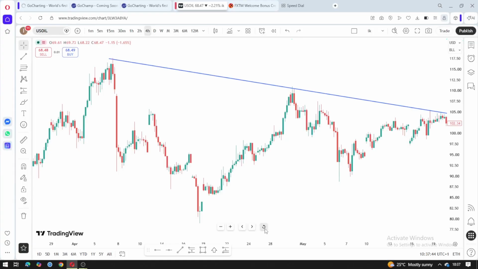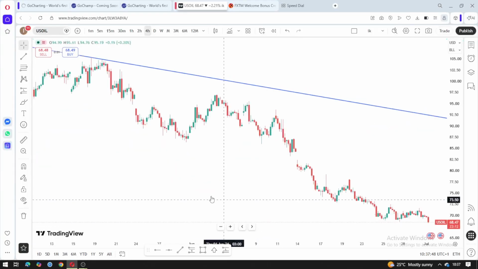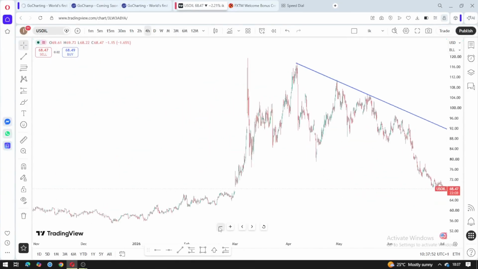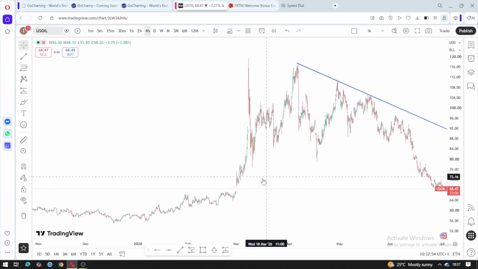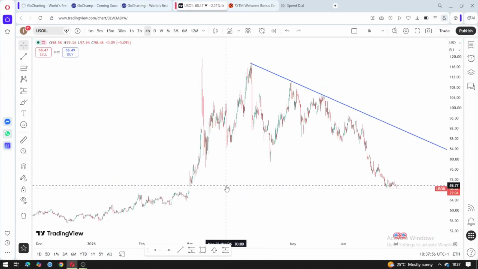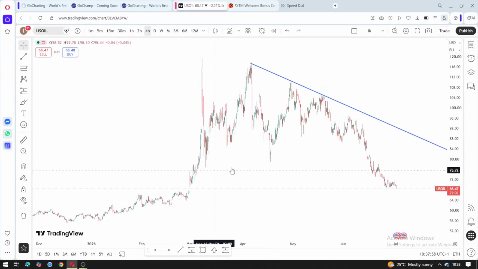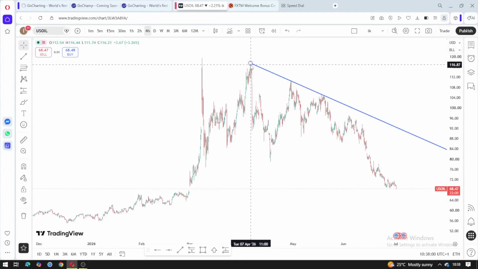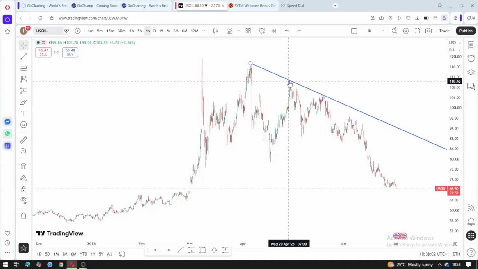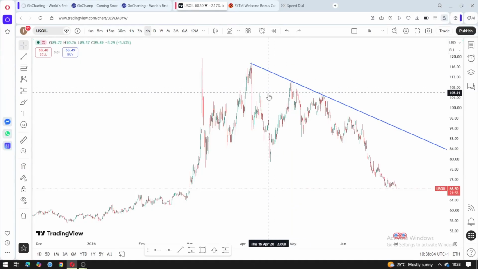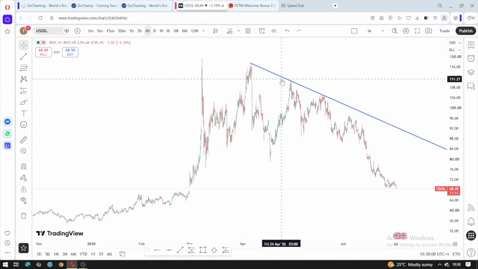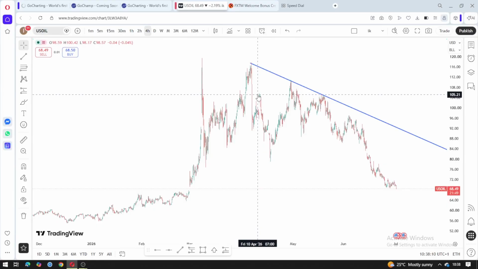Now there's a principle I want to introduce to you here so that you see how it is done. So let's zoom again. Now, if you pay attention properly, you will see after connecting the trend line, the first resistance you see is here, this high.